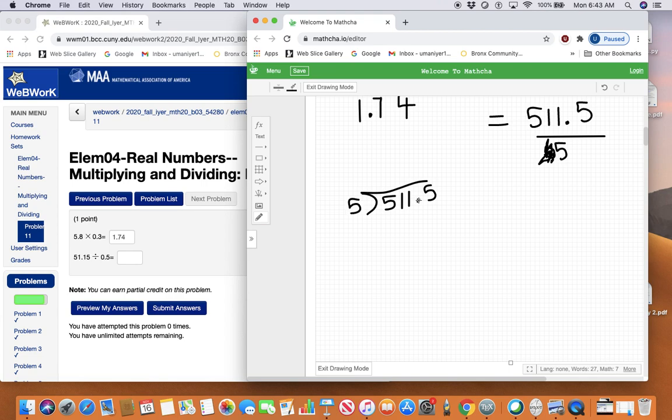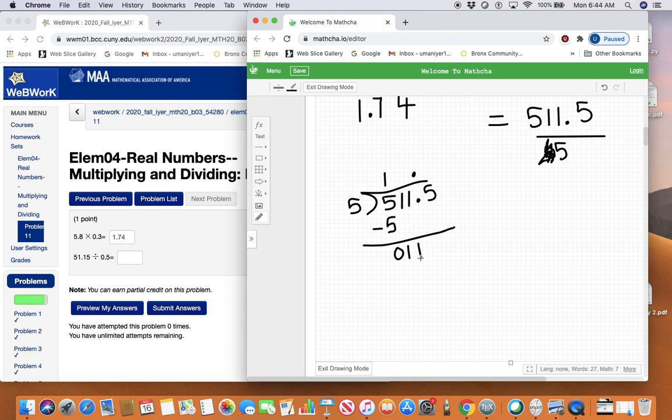Okay, it helps first of all place a decimal point above decimal point and then proceed. 5 goes in 5 once. That's a 0. I bring down the 1. 5 doesn't go in 1, so I need to bring in the next one. So I'm going to be dividing 5 in 11.